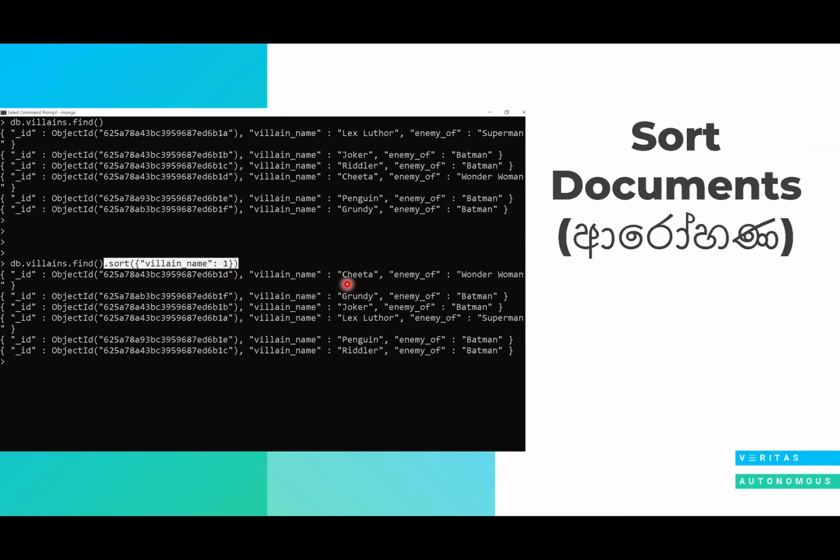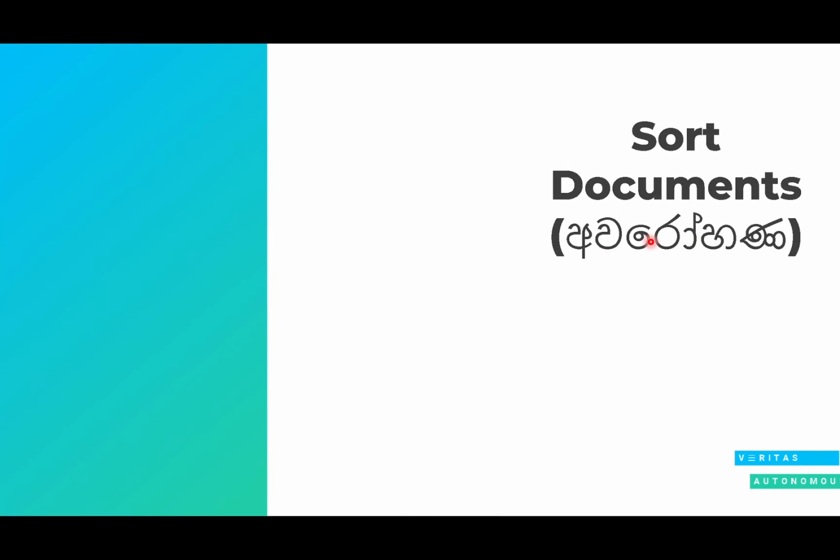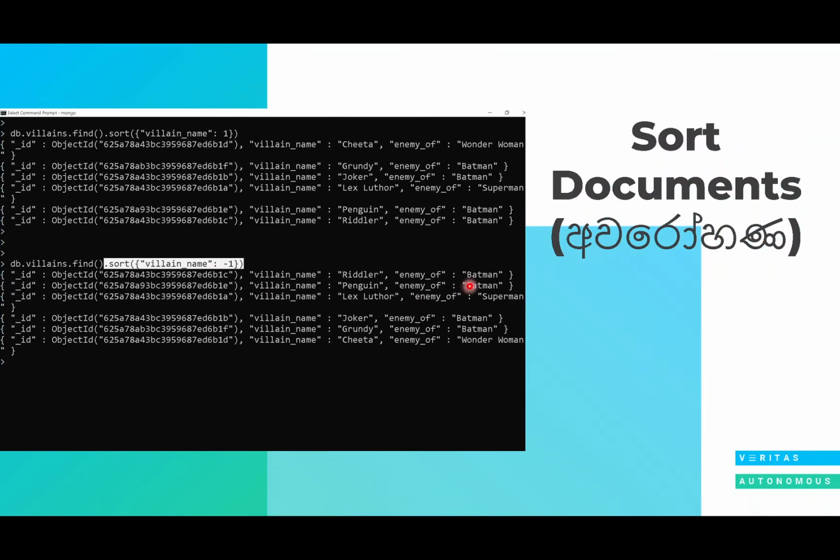So you will see now everything is in ascending order: C, G, J, L, P and R. No problem, right? Now if we want it in descending order, same thing, we just put -1 here. Now you see R has come to the top, then P, L, J, G, C. So reverse alphabetical order is there.